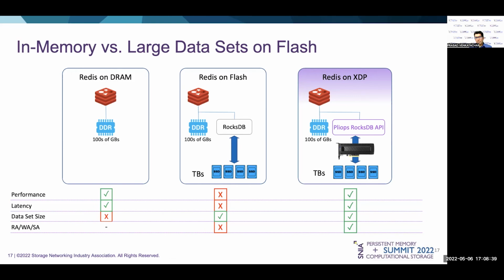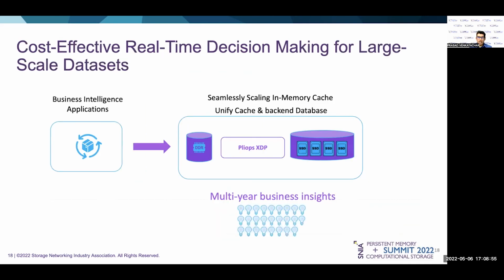Redis on flash with XDP provides the performance, latency, and data set, and we keep the theoretical levels of read amplification and write amplification. This is a cost-effective way of scaling a cache.